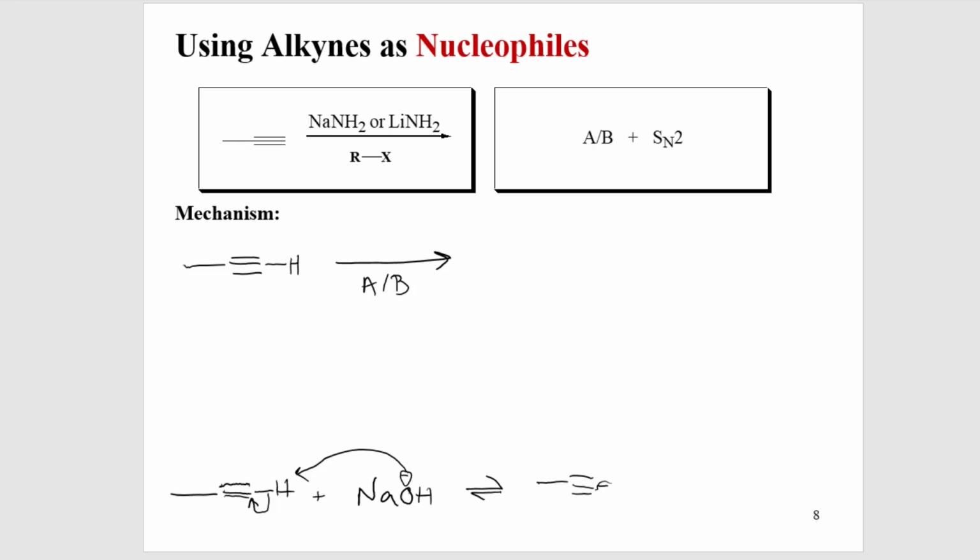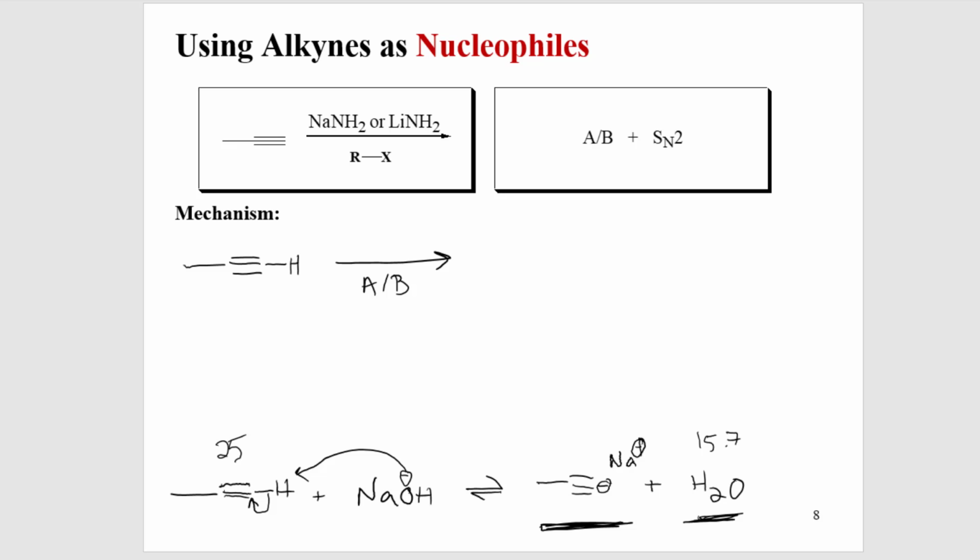We want it to deprotonate, and then that would give us water. Counterion coordinates to the negative charge. So if this were to happen, because this is my desired, right? What I do is I look at the acid on the left. The acid on the left is the alkyne, and we said the pKa was about 25 to 26. And then the acid on the right, the conjugate acid, is the water, and we know the pKa is about 15.7.